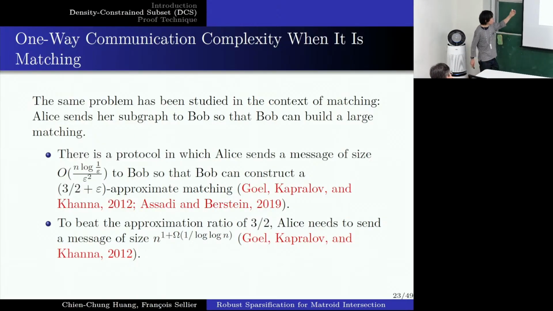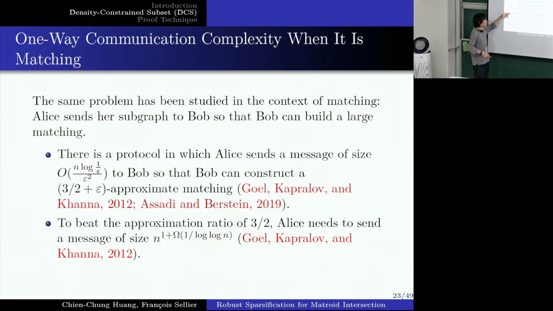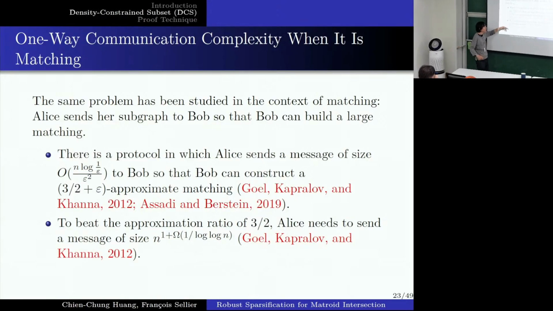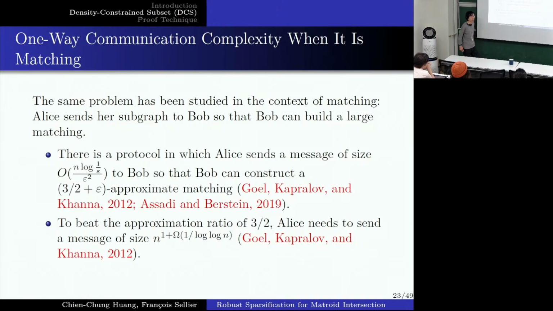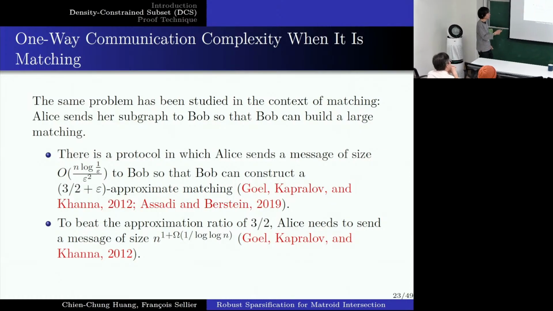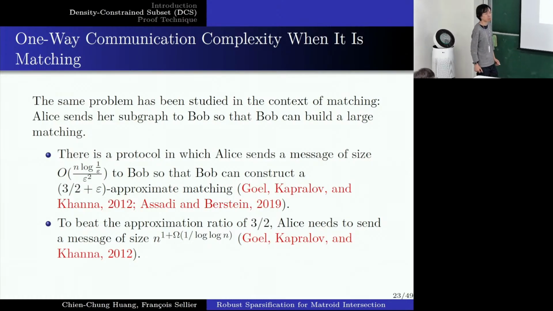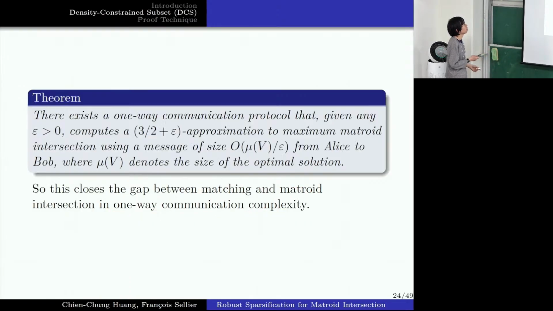This somehow addressed your question before: if you want to do strictly better than this, like 5/4, it's impossible, in the sense that Alice has to send a much bigger message. It has to be superlinear.